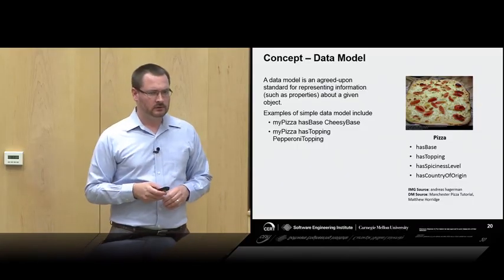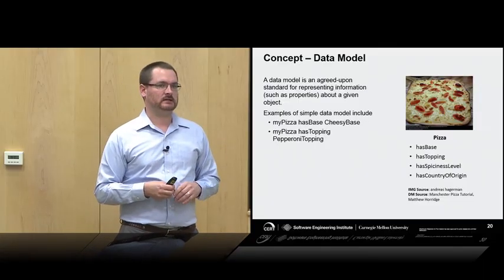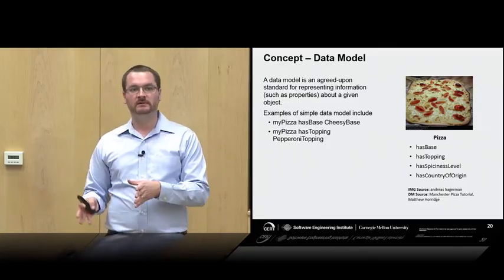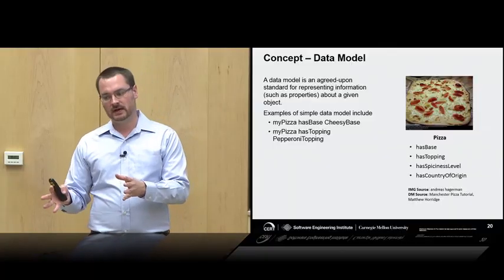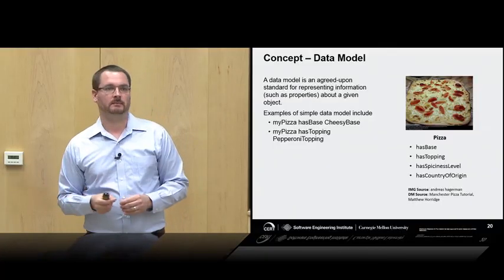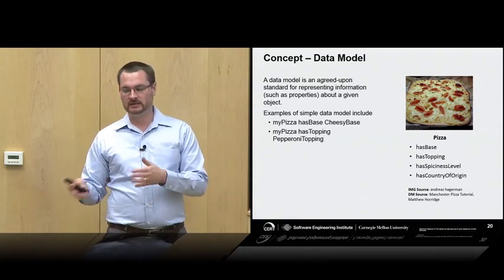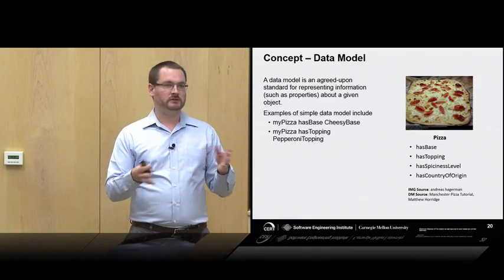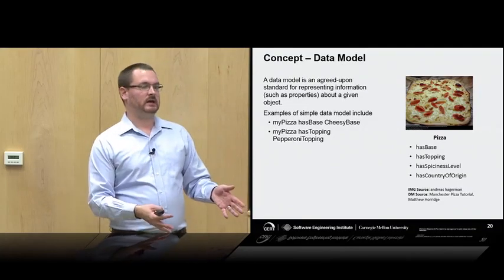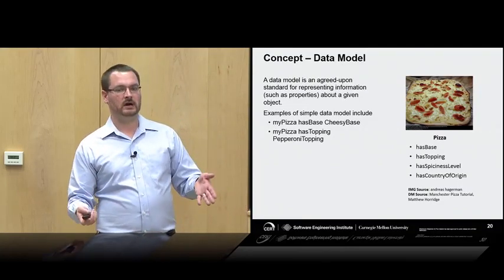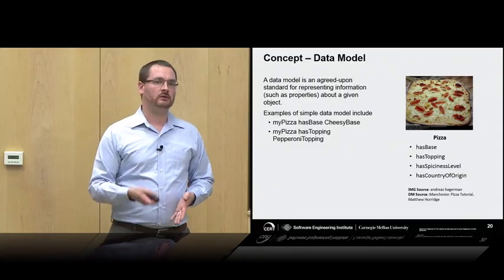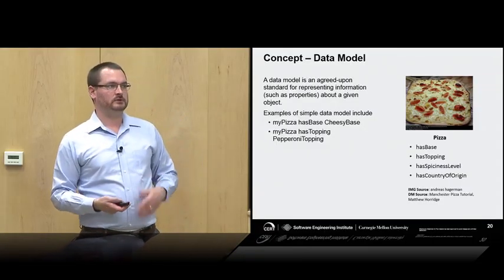I can do the same thing. My pizza has a topping, so this is a specific type of topping, and the specific type of topping that it has is a pepperoni topping, right? And I can use this to express things about the object in information format without having access to the actual object itself. I'm describing the object using a general model of what the object is supposed to look like.